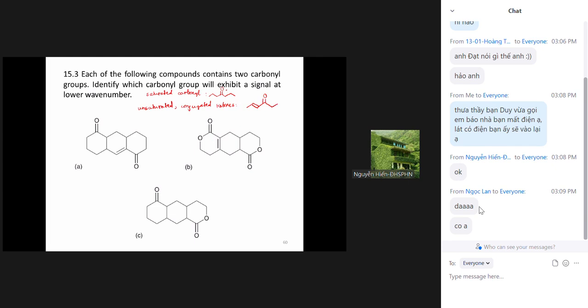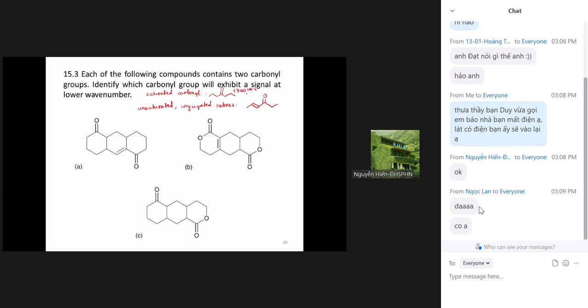And if you remember, we use resonance structures in order to compare or to explain the difference between the wave number of these two kinds of carbonyl compounds. The saturated carbonyl group will absorb at high wave numbers, 1,740 centimeters to the -1.